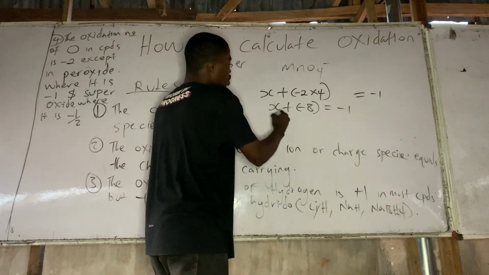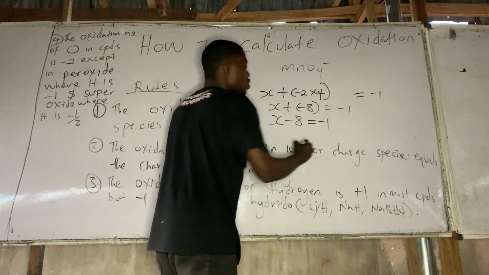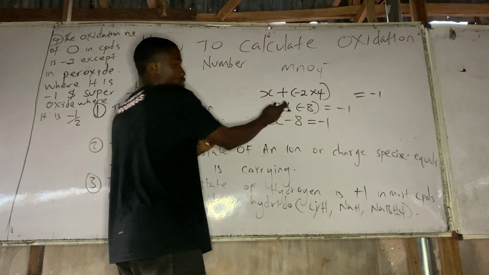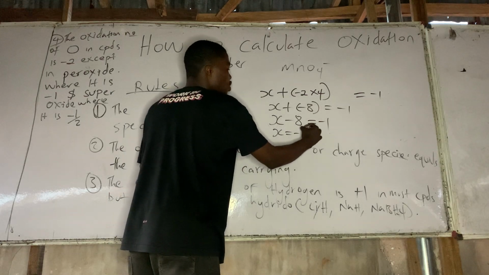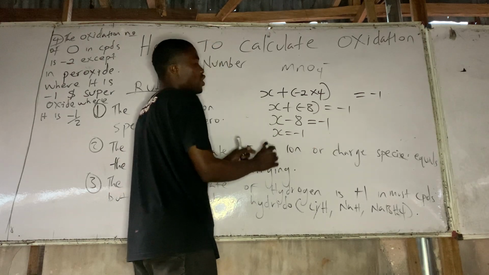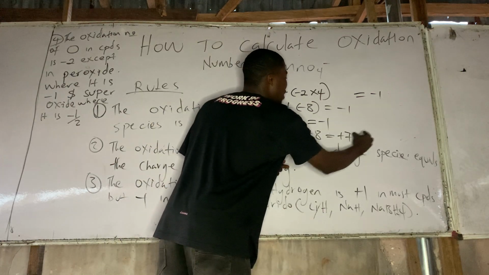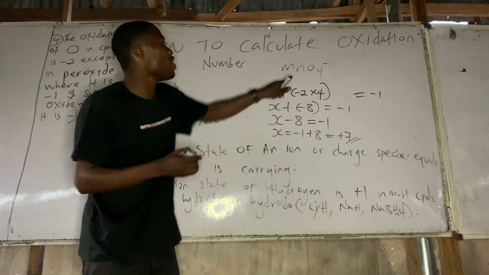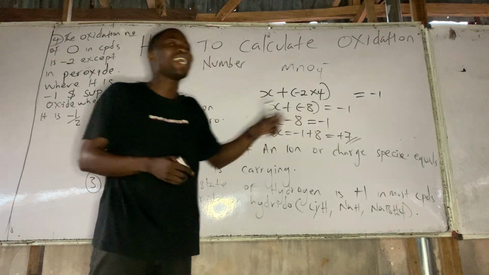So X is equal to -1, and the -8 crosses over the equal sign to become plus 8, and that should be +7. So this ion is going to be called tetraoxomanganate(VII) ion.